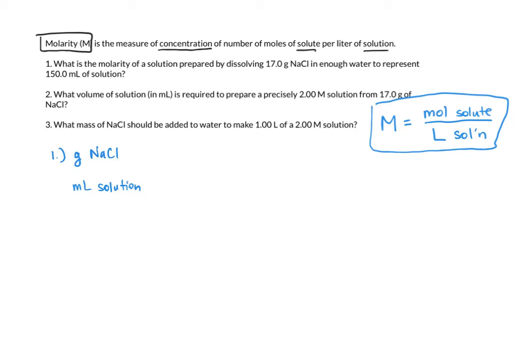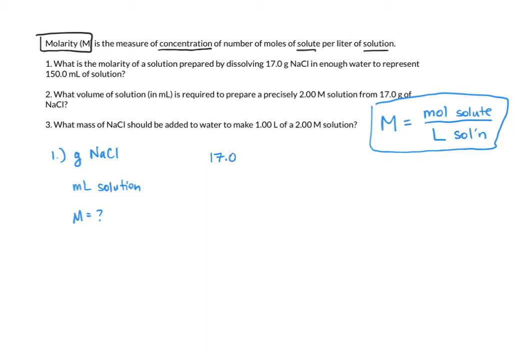We'd like to know molarity. In order to get molarity, we need not grams of the thing that's dissolving, sodium chloride, but moles. We need not milliliters of solution, but liters. So we have two conversions to do before we can plug anything into our molarity equation.